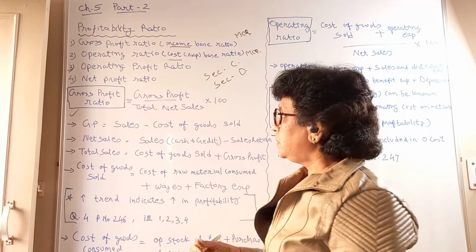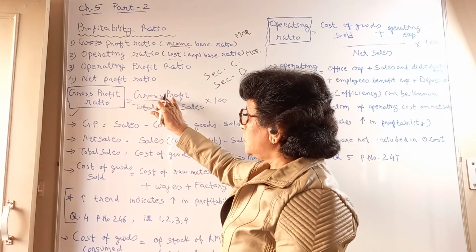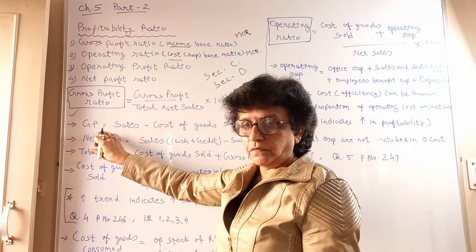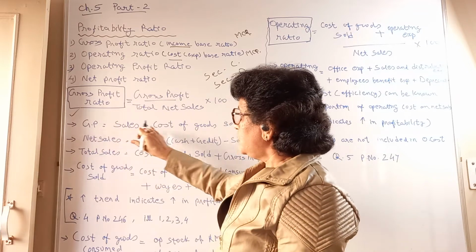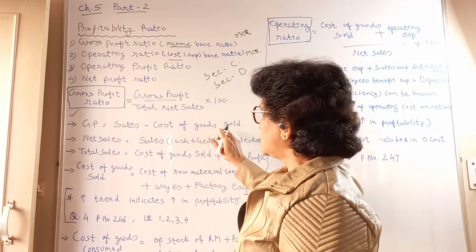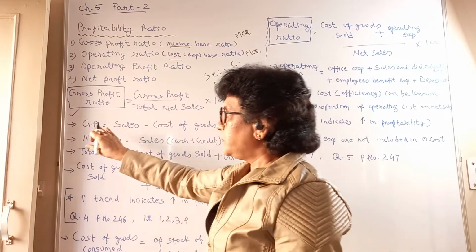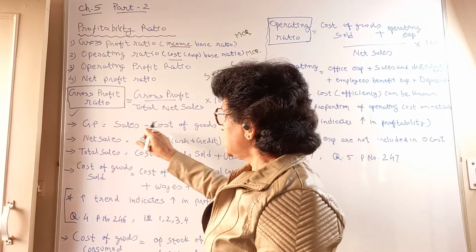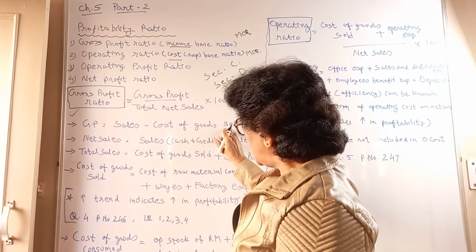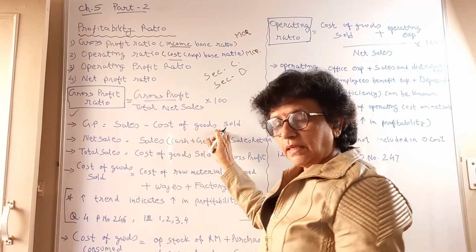If the gross profit is needed, then how to derive the gross profit can be derived by two pieces of information. One, you may have sales minus cost of goods sold. The formula for gross profit is equal to sales minus cost of goods sold. Now, if cost of goods sold is directly given, then fine.